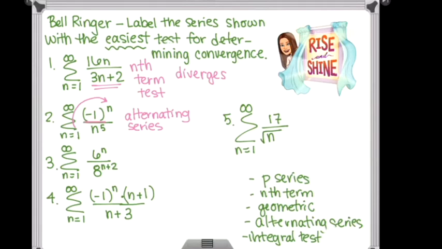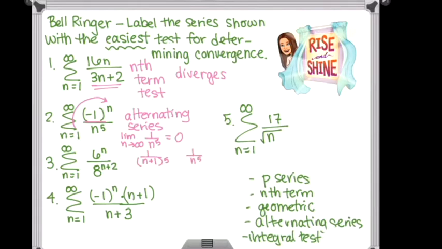There's 3 conditions that have to be met. It needs to be alternating, which we already talked about, and this one is alternating. The limit as n approaches infinity of this term has to equal 0, and it does. And then one more thing: if we plug in n plus 1 for n, that has to be smaller than the original expression.